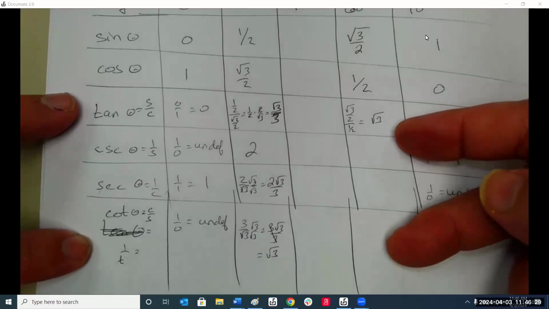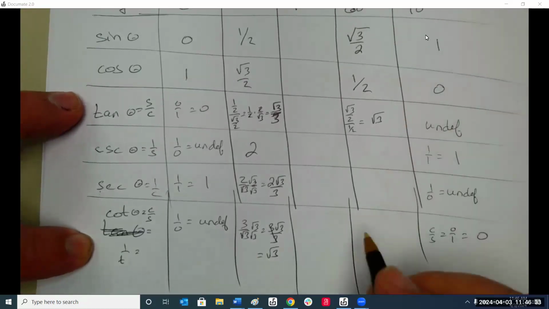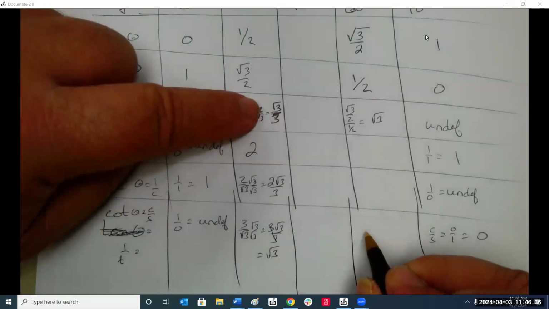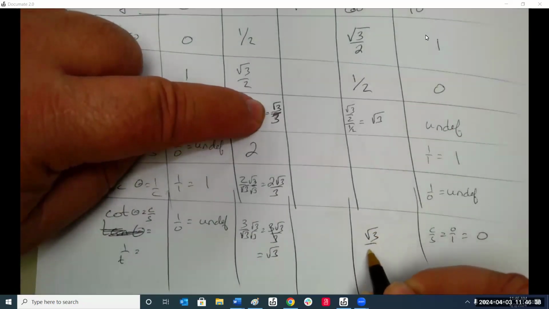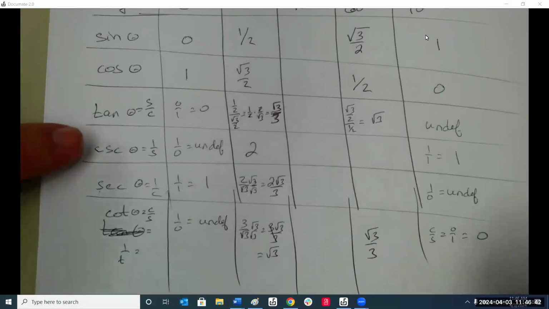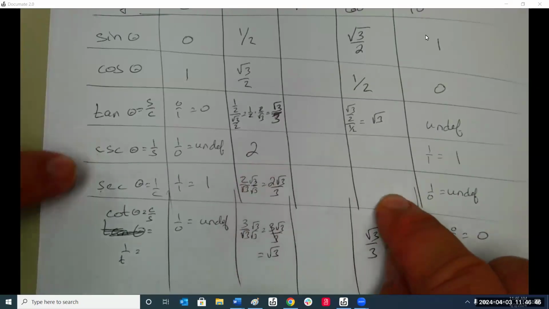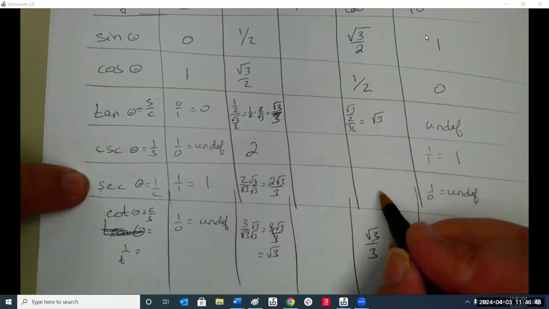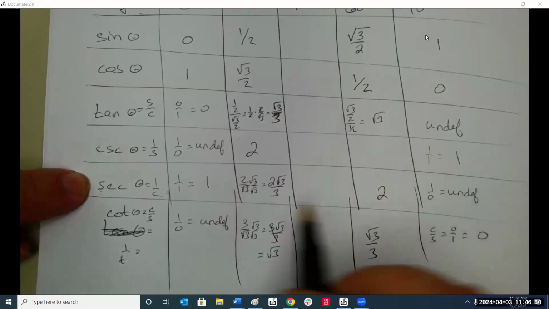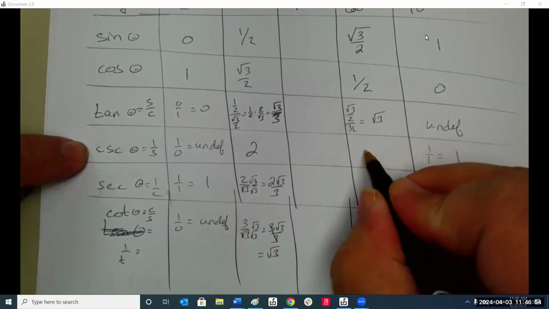Remember, at 30 and 60, tangent and cotangent are going to swap numbers. So we know the cotangent at 60 degrees is going to be radical 3 over 3. Cosecant at 30 is the same thing as secant at 60. Secant at 30 is the same thing as cosecant at 60.